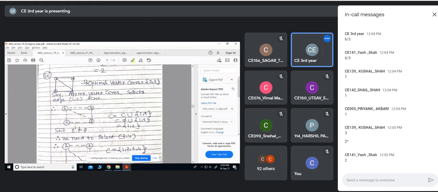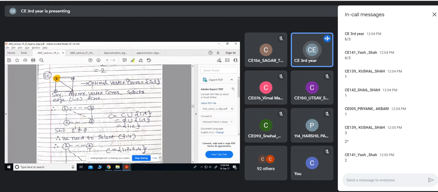So 1, 2, 3, 4. What is an optimal vertex cover? If you take 1 and 3, all edges are covered. That would be an optimal vertex cover of size 2.